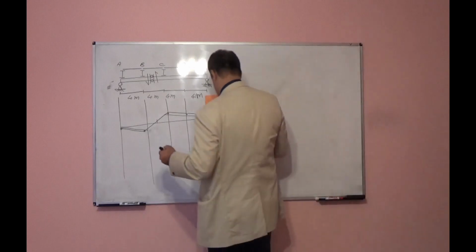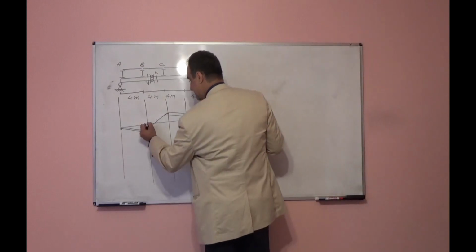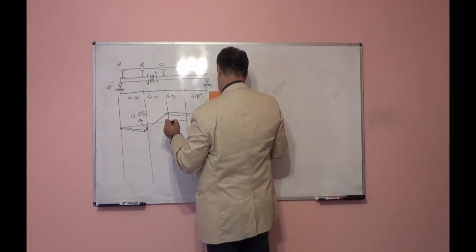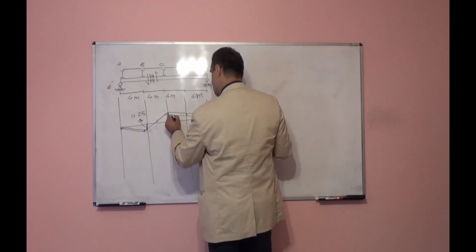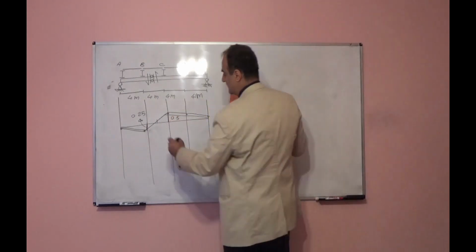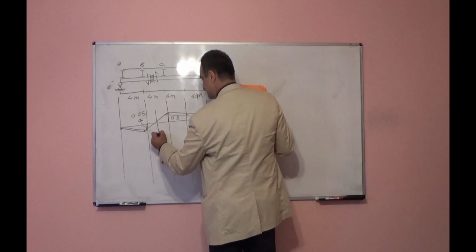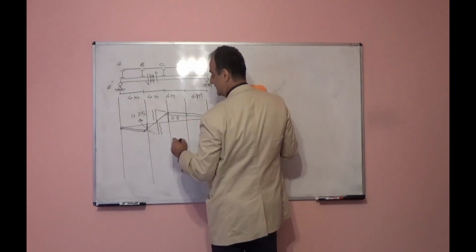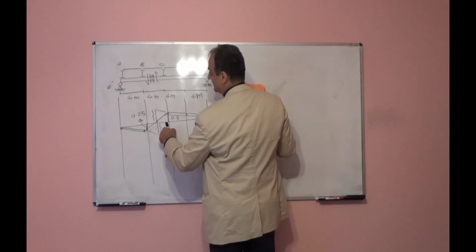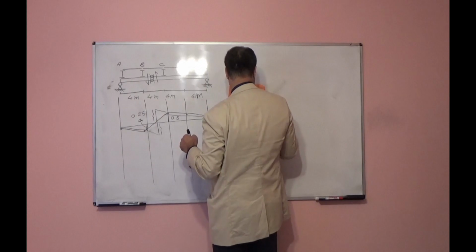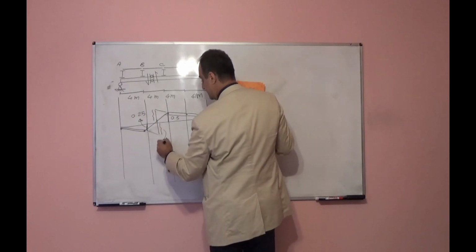If you find using similar triangle, let's say like this will be 0.25. This height will be 0.5. You can find it because you can find this one and this one. This one will be 6 over 1, 2, 3, 4, 16. So this one will be 6 over 16.